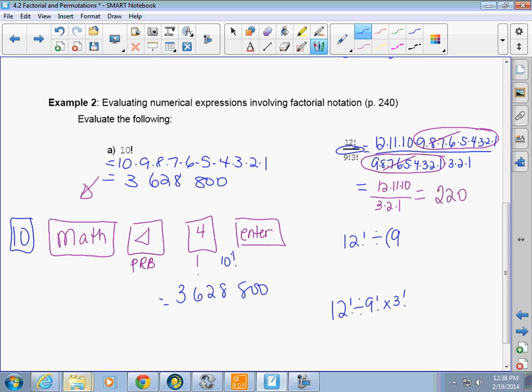We want it to be 9 factorial times 3 factorial. So you have to have that bracket in there. So I do my 9 math, left arrow, 4 times 3 math, left arrow, 4 bracket, and then enter, and I get my 220. You can try it without the brackets and see that it changes your answer quite drastically. Okay? So whenever you have the divide, make sure whatever is in the denominator is in a bracket, otherwise you get a different answer.